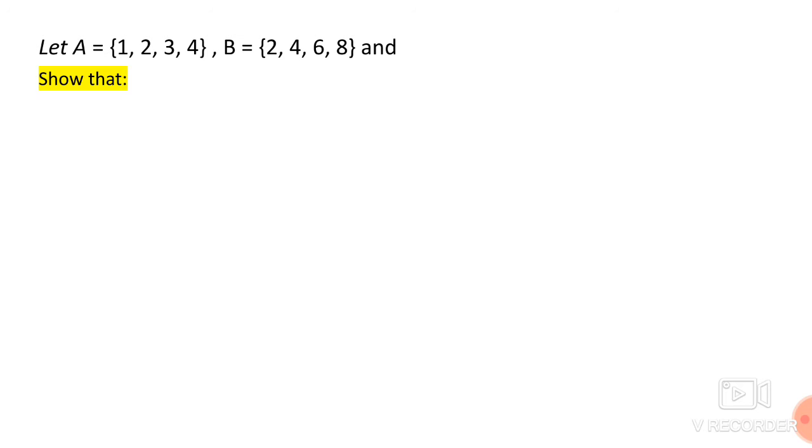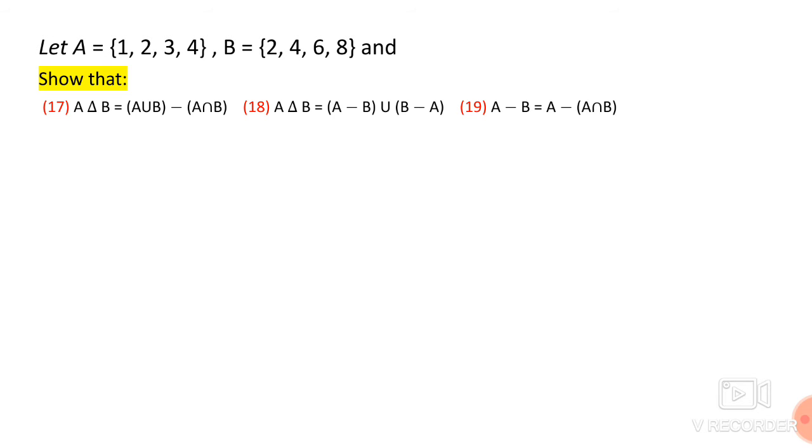And we have to show that part 17, A symmetric difference B equals A union B minus A intersection B. Then part 18, A symmetric difference B equals A minus B, A difference B, union B difference A. And part 19, A difference B is equal to A difference A intersection B. Now we are going to start part 17.